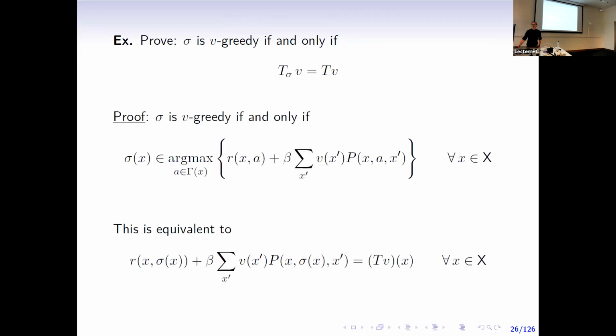So this is just a little observation: if I take a policy sigma that's v-greedy, that says that it satisfies that definition of v-greedy, which says that if we use that policy, we attain the maximum on the right-hand side of the Bellman equation, i.e. we attain the value that the Bellman operator had given us.